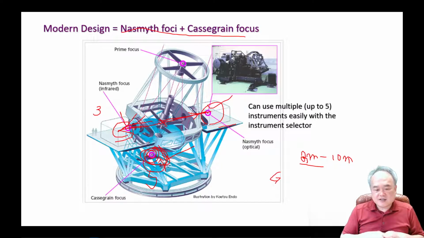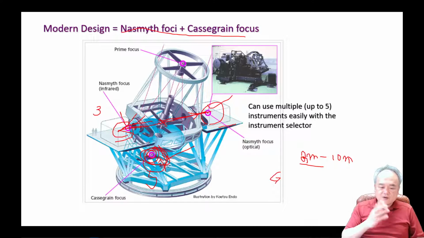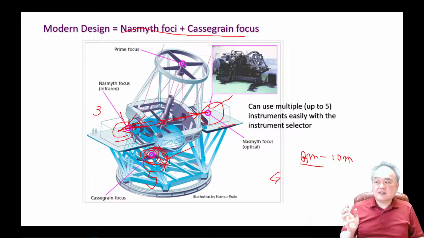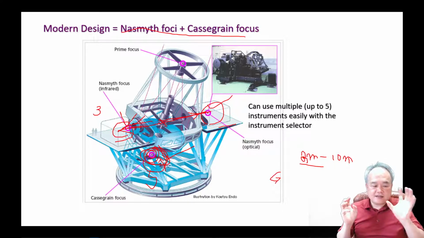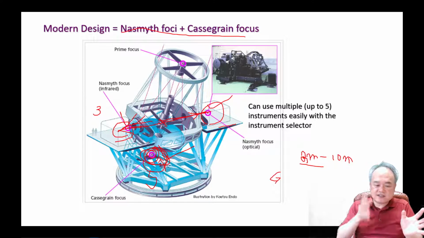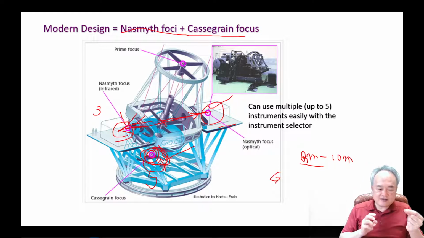That oftentimes took 1 hour or 2 hours. That's why in the old days many telescopes just didn't allow instrument switching in the middle of the night. So that limited the scientific flexibility.